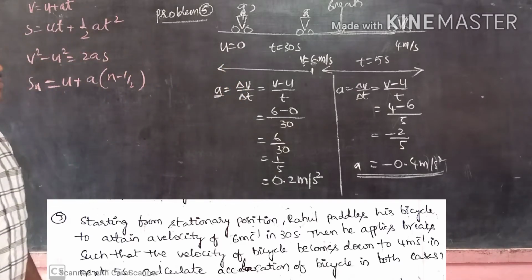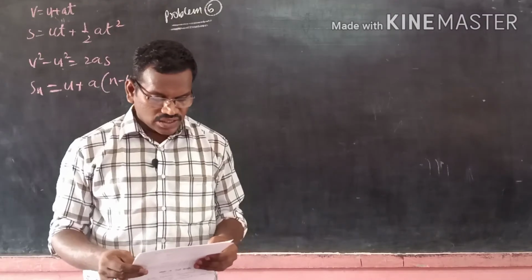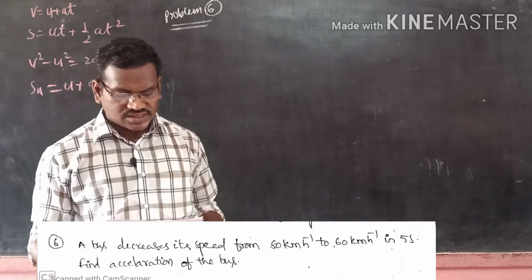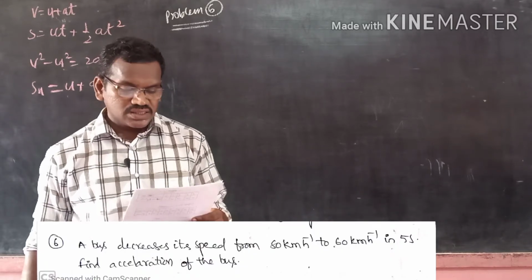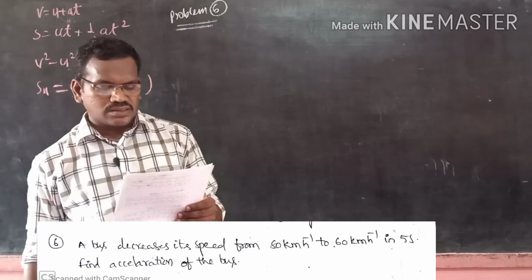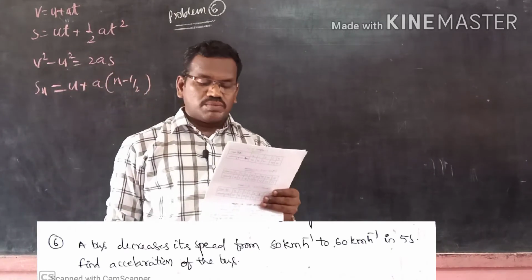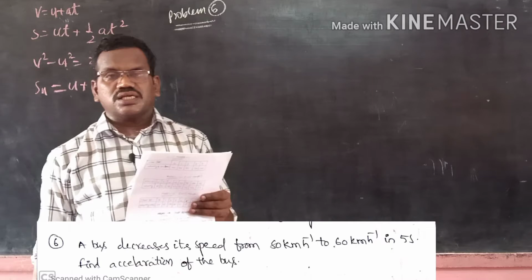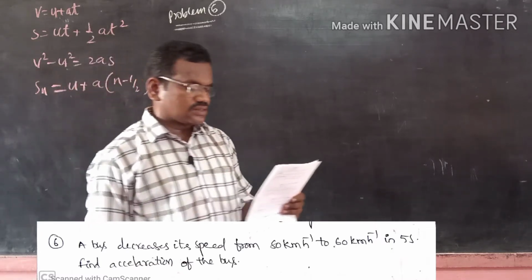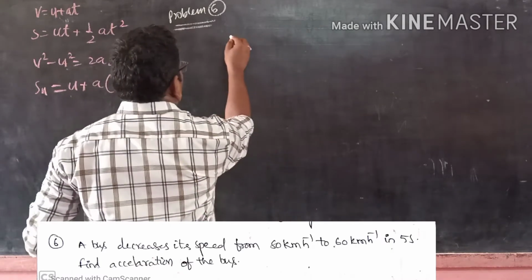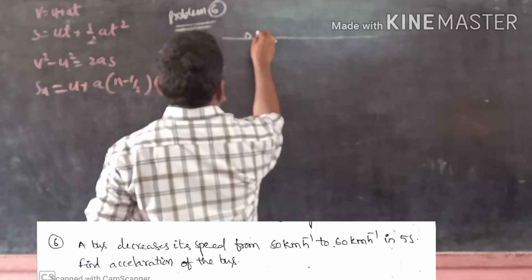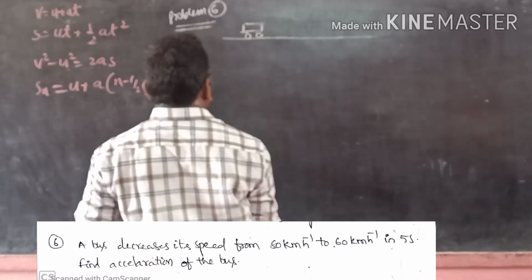Now let us discuss problem number 6. Now let us read the problem number 6. A bus decreases its speed from 80 km per hour to 60 km per hour in 5 seconds. Means, first of all, while drawing the diagram, here a bus is there. Consider this is the bus.